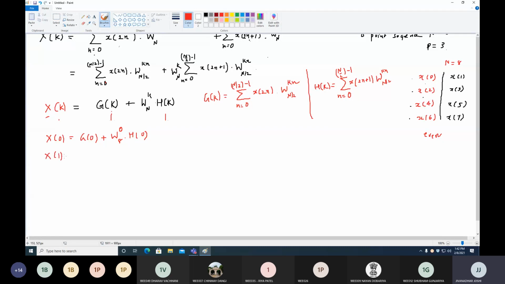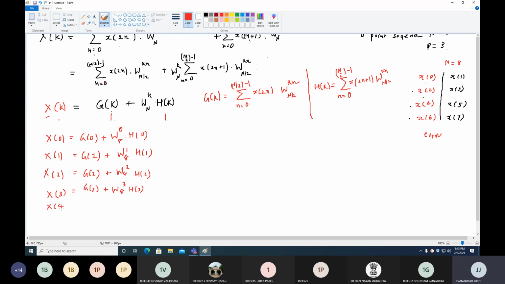Similarly, x of 1 is equal to g of 1 plus w8 raised to 1 into h of 1. Similarly, x of 2 is equal to g of 2 plus w8 raised to 2 into h of 2. X of 3 equals g of 3 plus w8 raised to 3 h of 3.